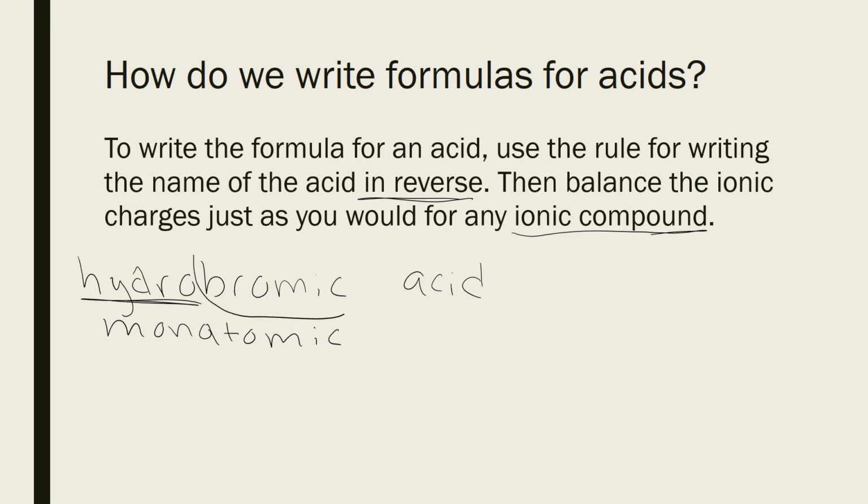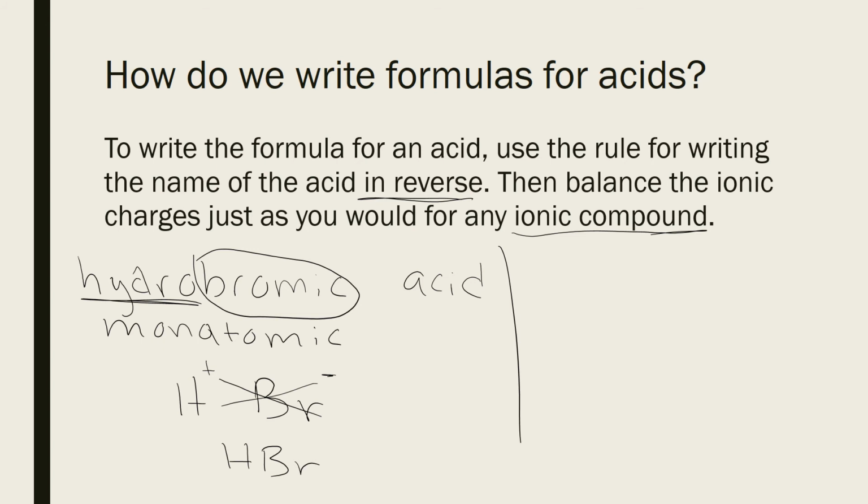The bromic tells you it's going to be bromine, the element bromine, and you have to add hydrogen to any acid. So HBr, Br is -1, H is going to form a +1 charge, so when you swap and drop, you get HBr.